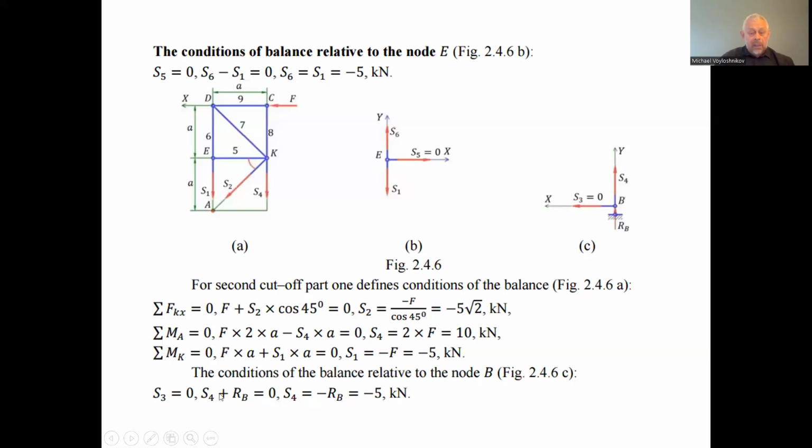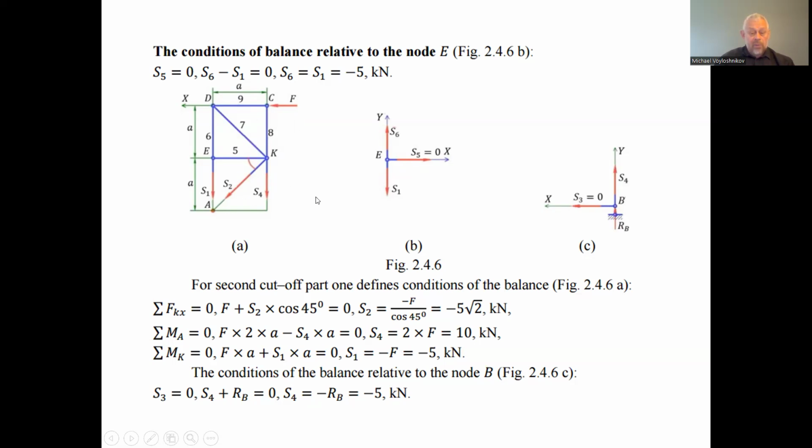And we can as well consider the balance equation of the rotation of the cutoff part of the truss around the point K. We have the external load, we have two forces S2 and S4 crossing the point of rotation K, and only one force S1, which rotates the cutoff part of the truss besides the external force F. So we consider these two.